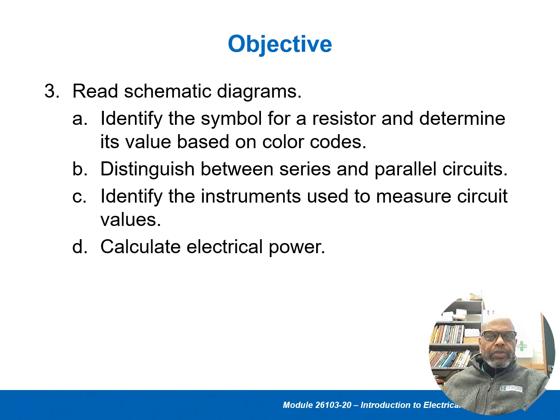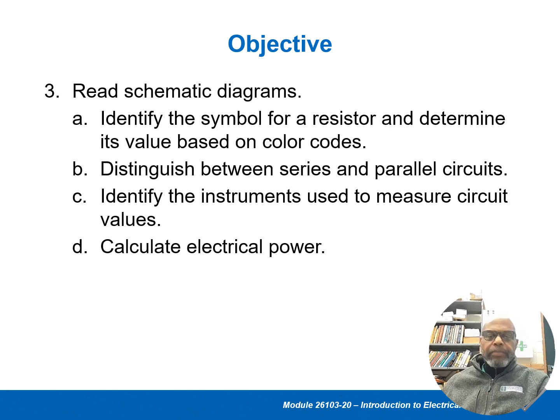So in this section, we're going to be looking at how to identify the symbols for different types of things. So we're going to look at the symbols for a resistor and determine its value based on color codes. We're going to distinguish between series and parallel circuits.